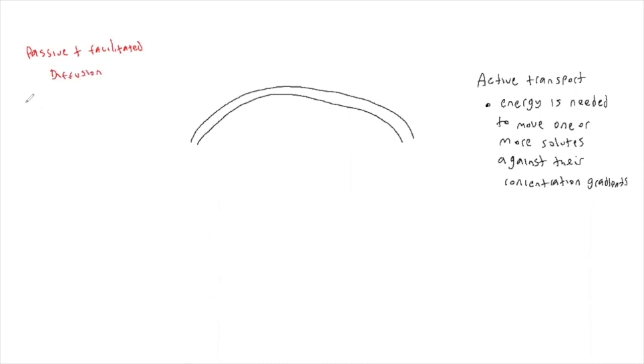These molecules are always going from a higher concentration to a lower concentration, from where there's more to where there's less, and it's going to stop when it becomes equal. However, active transport is moving the opposite. So instead, areas where there is less are going to go to areas where there is more.